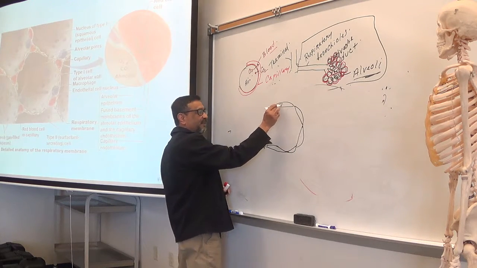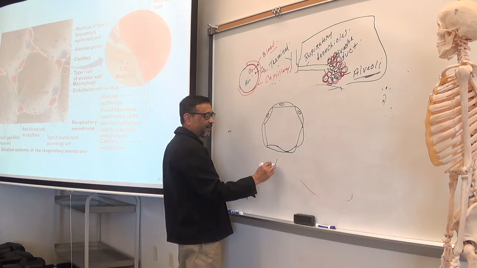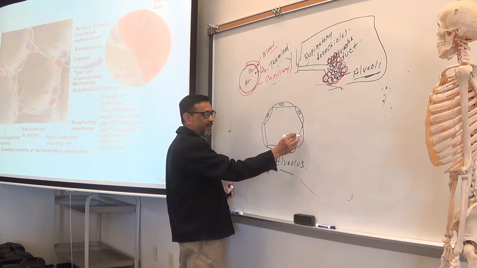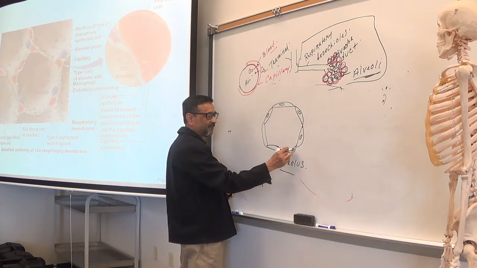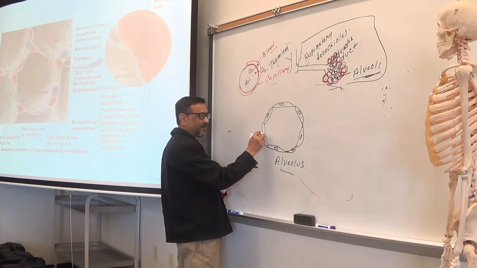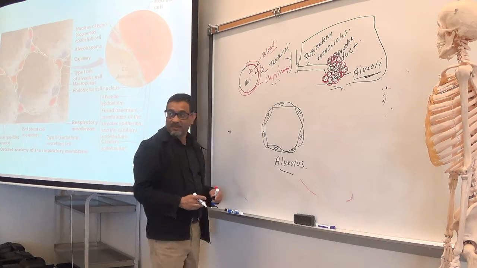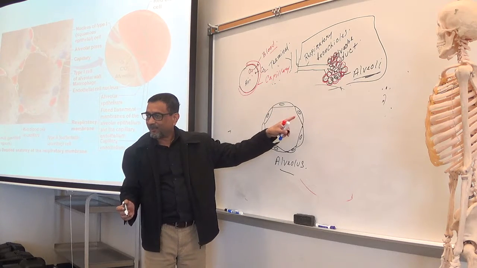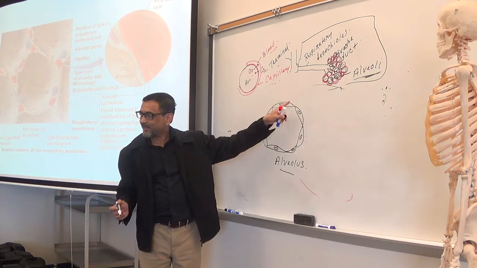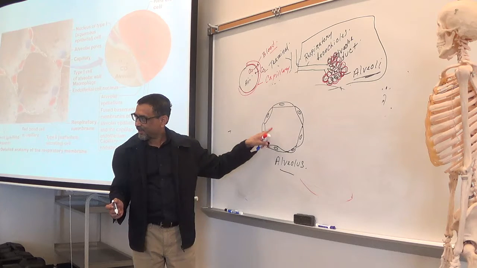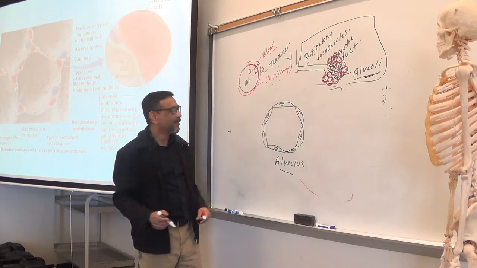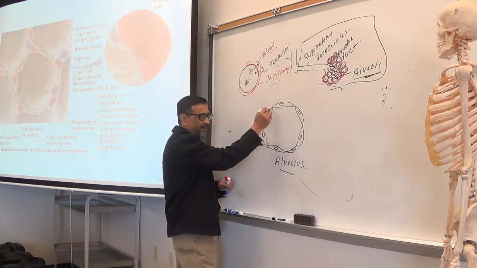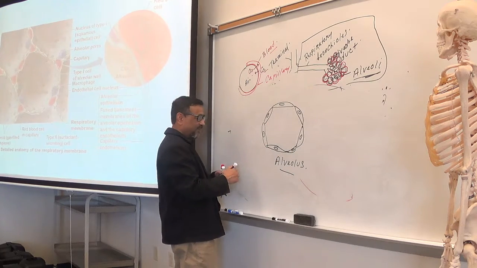What kind of cells are these? What do you think? So this is one alveolus. How many of you remember flat cells? Flat epithelial cells are called what? Squamous, right? Flat. And single layer is simple. So this is simple squamous. Make sense? The wall of the alveolus, simple squamous. Very good. So most of the cells are squamous cells.